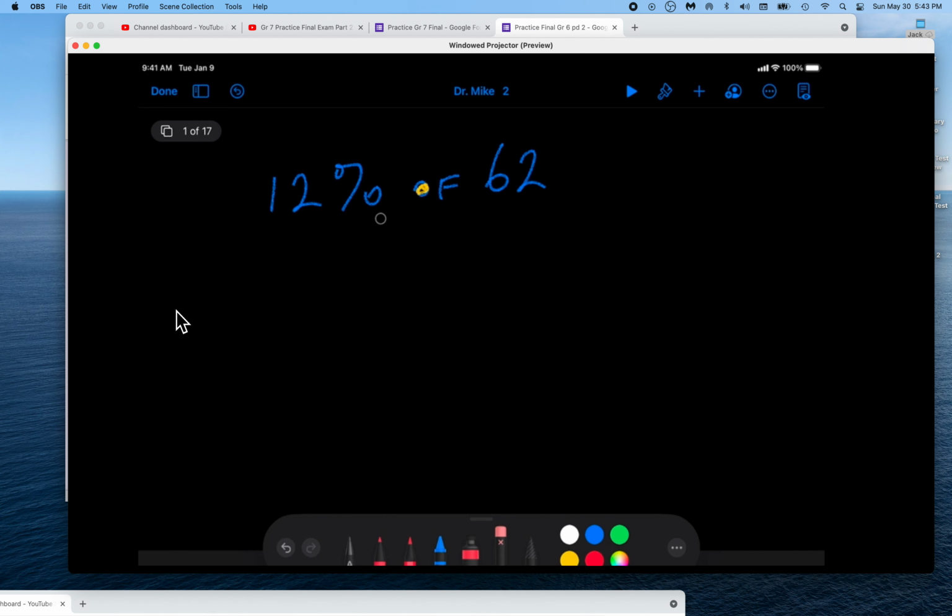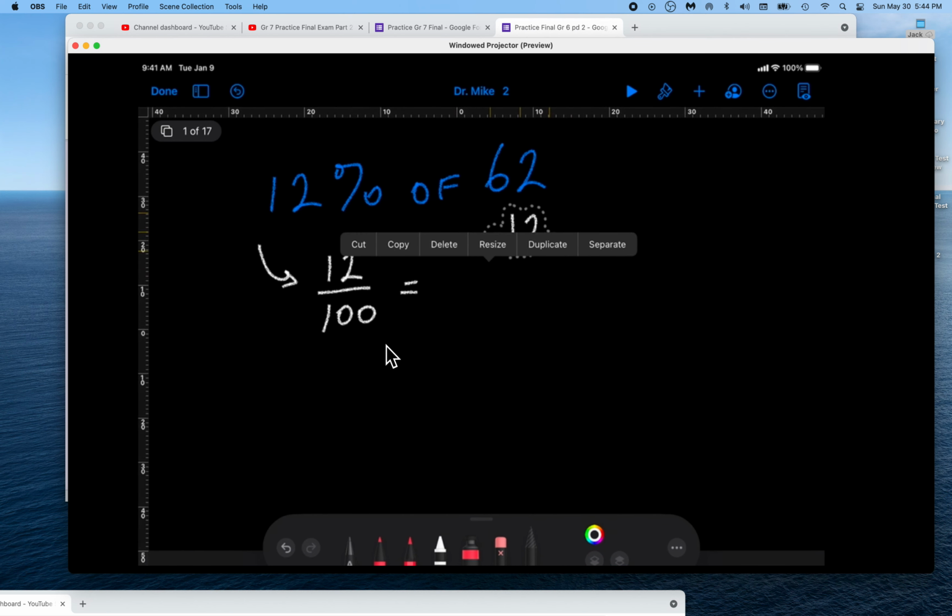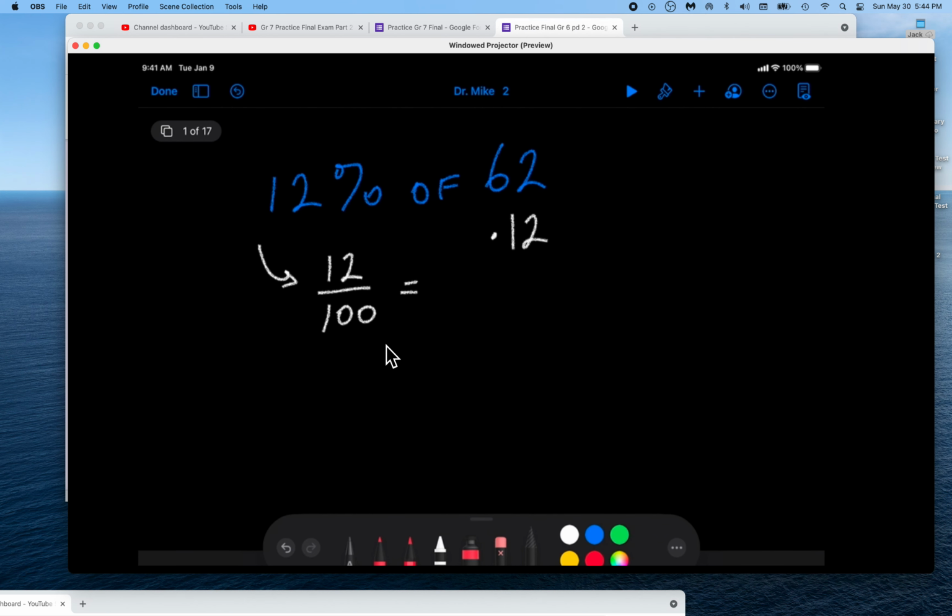Again, I want you to know how to do both, but it's late in the year, so whatever's easier for you, you can do. Okay, 12%, what is that in decimal? You can start off by saying it's 12 over 100. So that's going to equal 0.12, right? That's 12 hundredths. "Of" is being multiplied. So we're going to take the 0.12 and multiply it by 62.